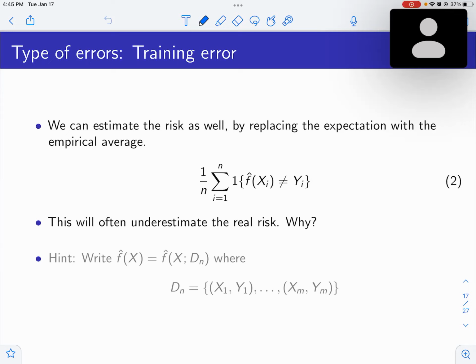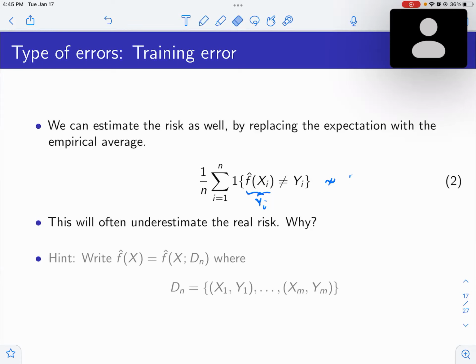This would be y hat i, my prediction. If it is not equal to yi, I pay a price of 1. If it is equal, I don't pay a price, and then I sum and take the average. So this would be my approximation.